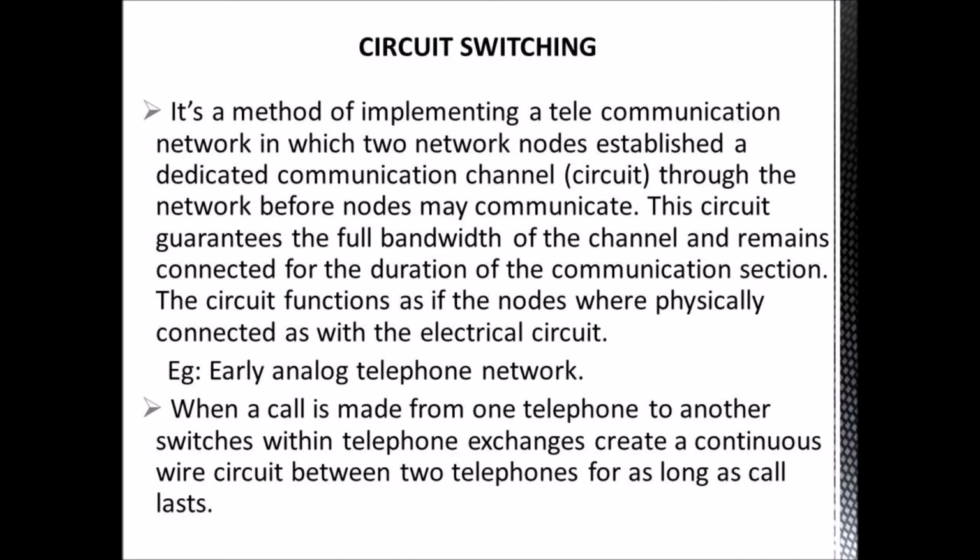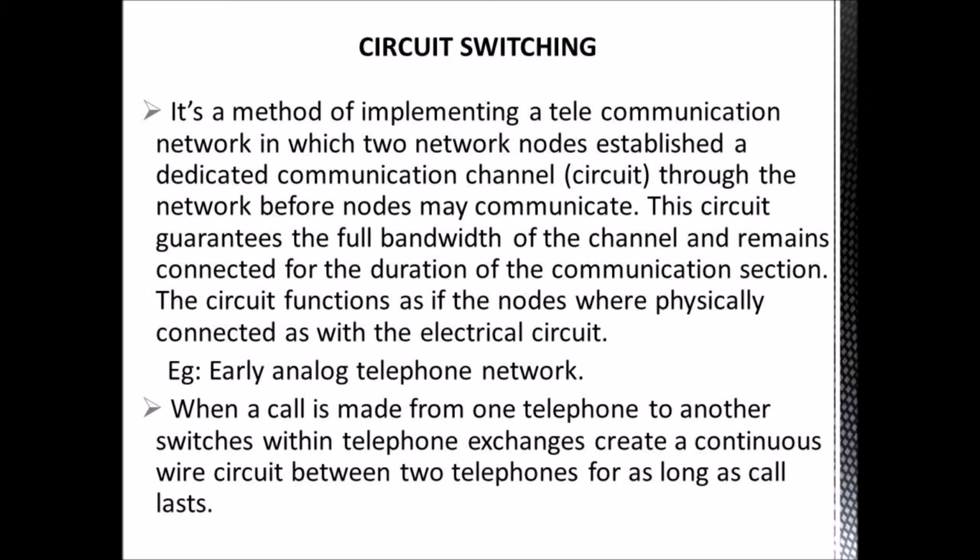Next we can discuss circuit switching. It's a method of implementing a telecommunication network in which two network nodes establish a dedicated communication channel through the network before nodes may communicate. This circuit guarantees the full bandwidth of the channel and remains connected for the duration of the communication session.